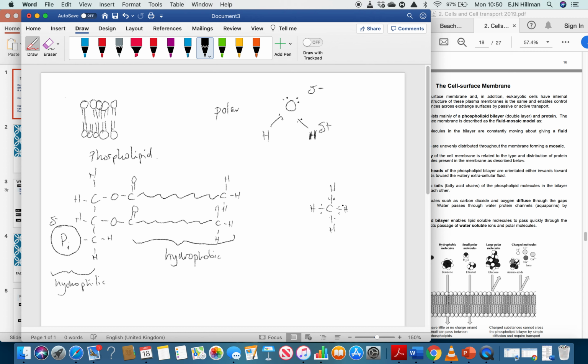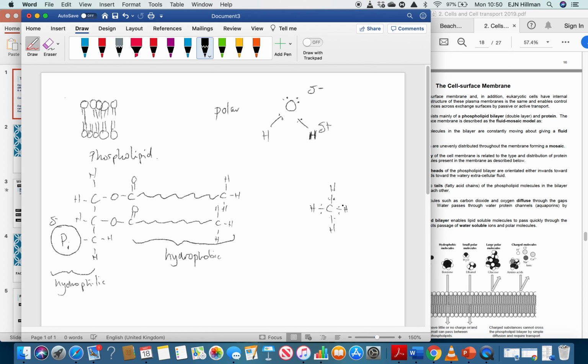So across the membrane of a cell, we've got this phospholipid bilayer. I should have done this first, really, shouldn't I?